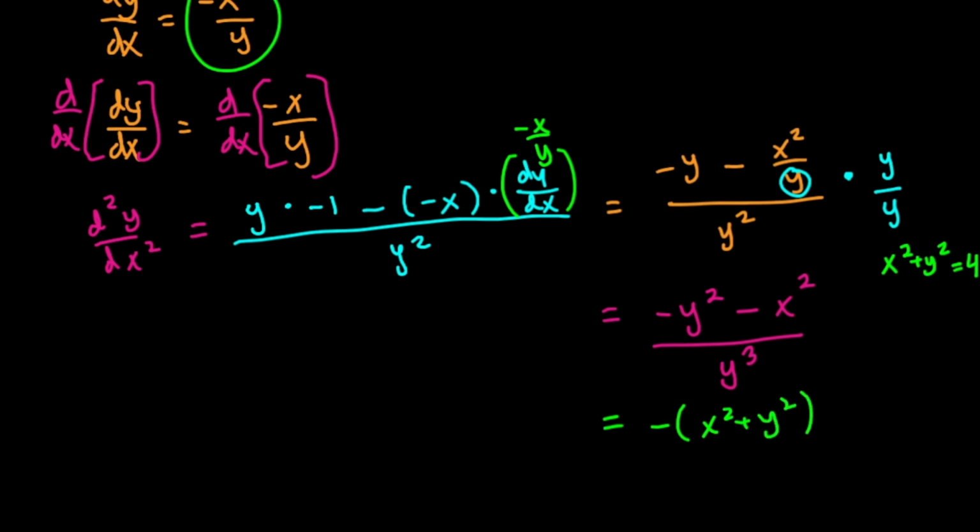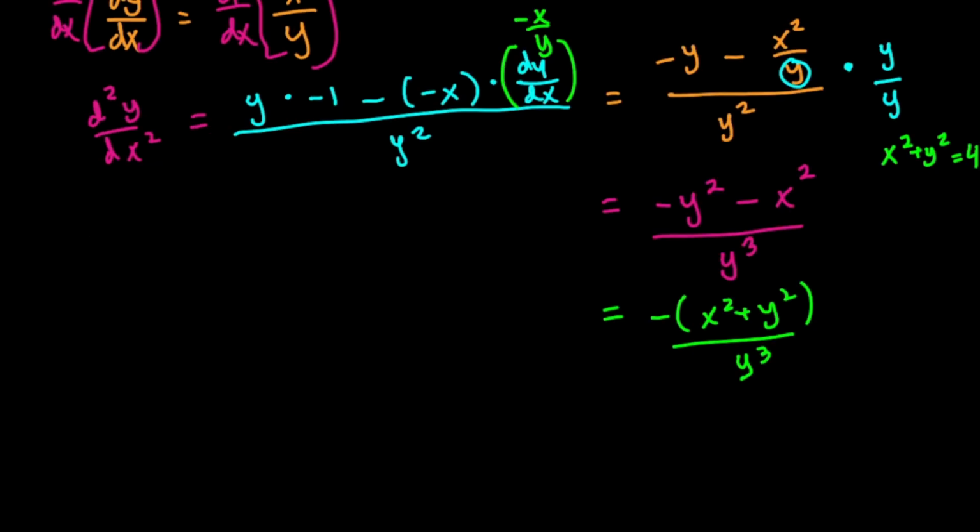With a negative distributed through, you'd get the numerator of this fraction. So really, the numerator just turns out to be negative 4, and we're dividing it by y cubed. And that is the final expression for the second derivative of y with respect to x twice.